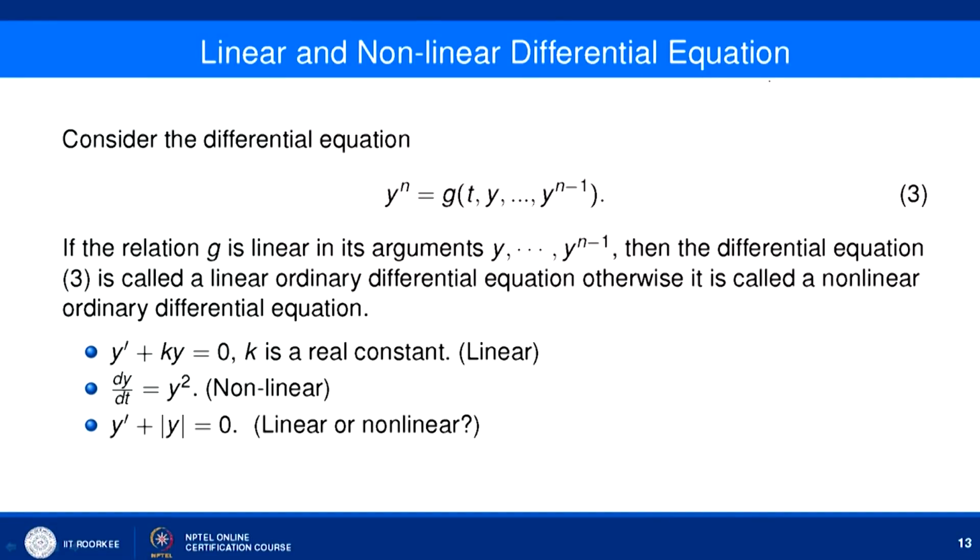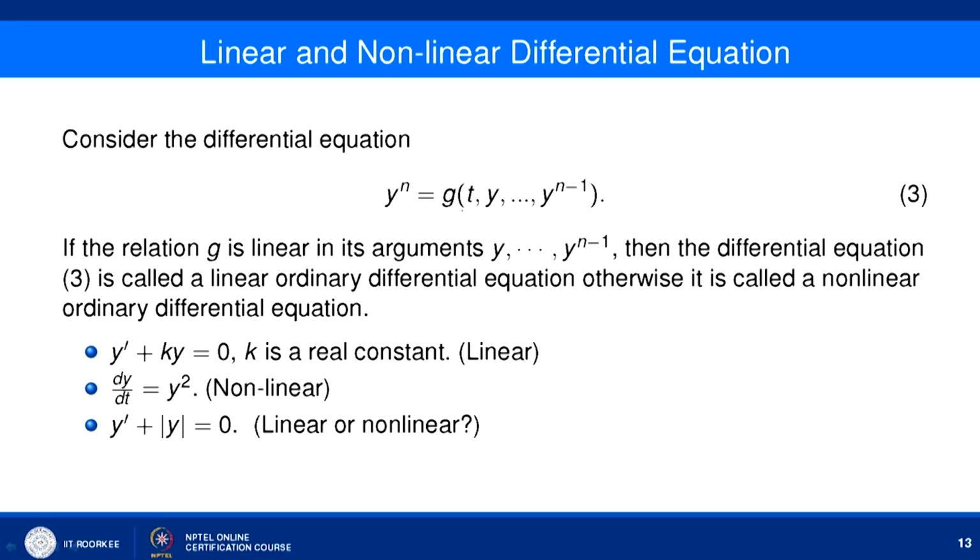So, let us consider the first case, classification depending on the dependent variable. Here we try to find out what is a linear and non-linear differential equation. Let us consider the equation y^n equal to g(t, y, y', ..., y^(n-1)). So, if the relation g is linear in its arguments y to y^(n-1)... Look at the variables of g: here they are t, y, up to y^(n-1).